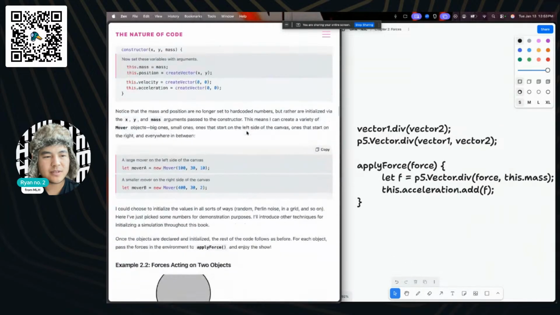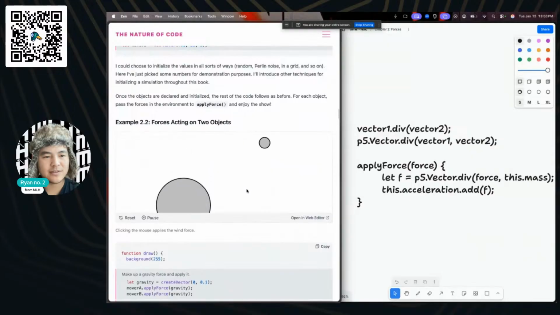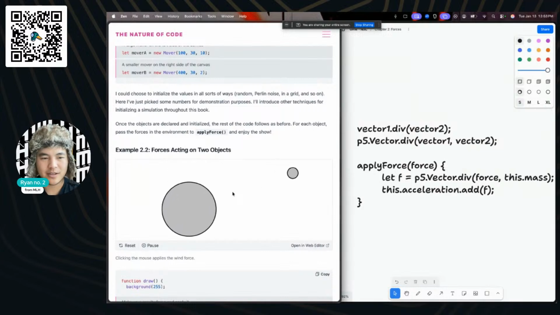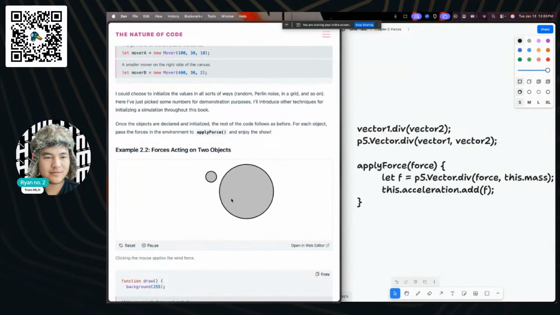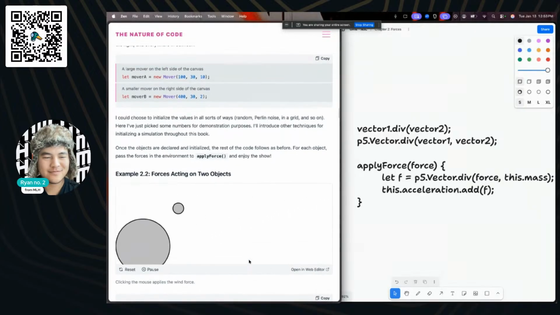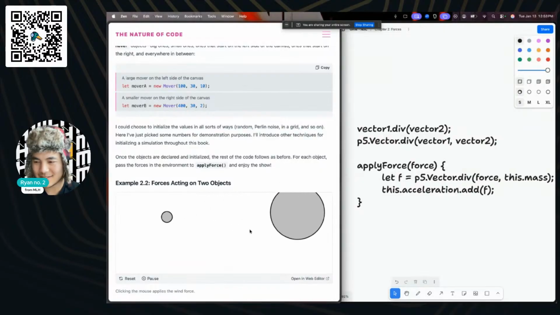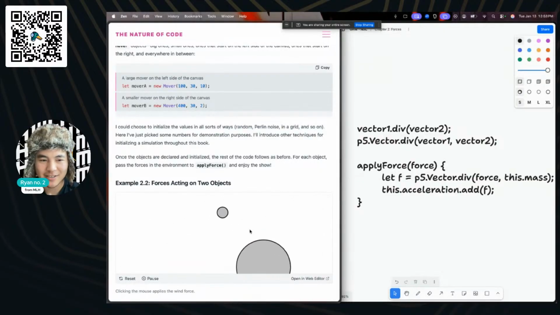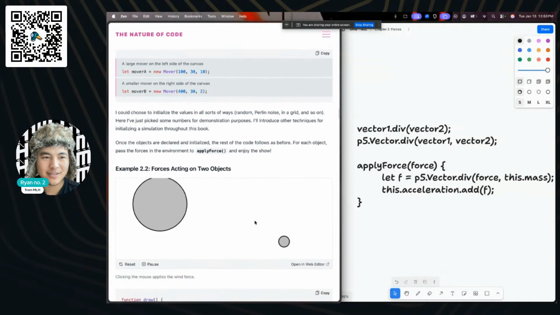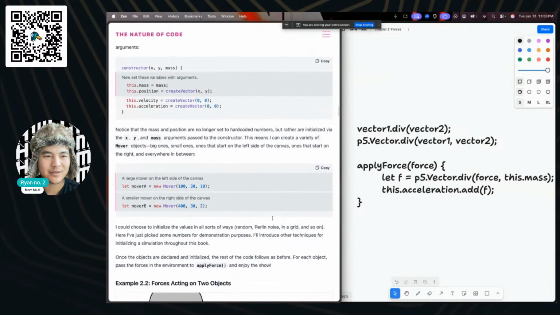I want to skip to what it looks like with different masses. Okay, that is kind of funny. And then we apply the wind. Now, of course, in this simulation we're not actually adding in anything with air resistance, so these guys will just keep bouncing on forever and ever.